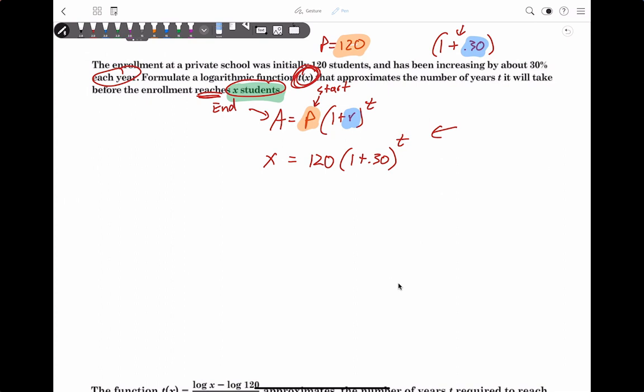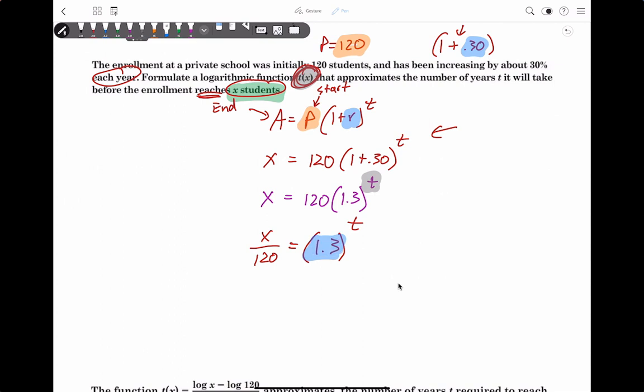We have 120 times 1.3 raised to the power of t is equal to x. Our goal is to get t by itself because that's what we were told to find. And now we can, from our algebra skills that we've learned thus far, divide by 120. And now, how do we get rid of a base of 1.3?